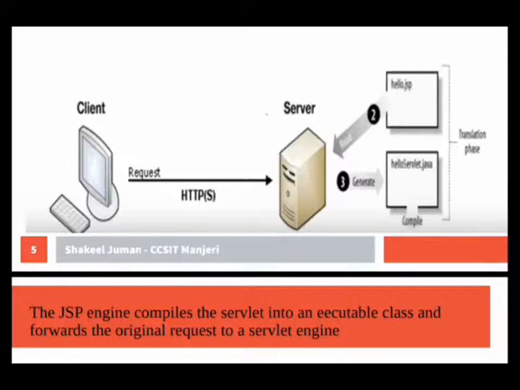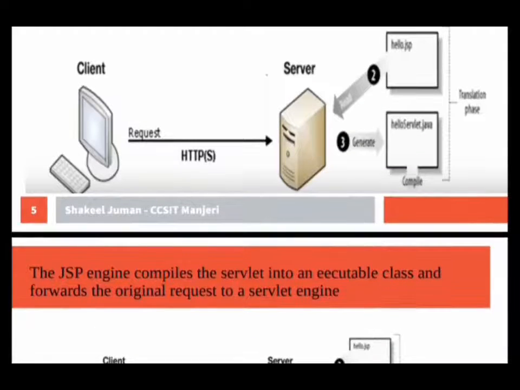After that, the servlet must be compiled. Here compiling is done. That means the JSP engine converts the servlet into an executable class file. Initially, we have a file called hello.jsp.